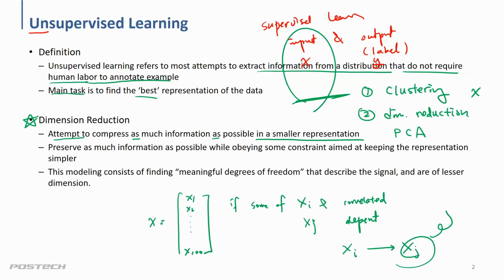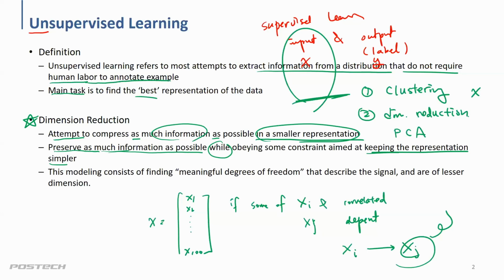That means we can represent the same amount of information in a smaller representation, or a smaller number of features. We want to preserve as much information as possible, but at the same time keep the representation as simple as possible. One reason for dimension reduction is that it's related to regularization and overfitting problems.